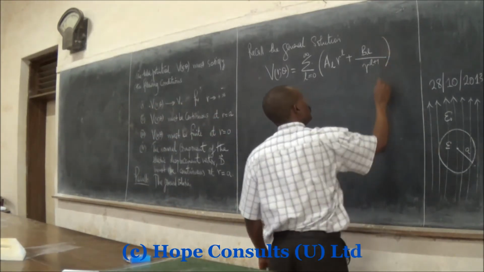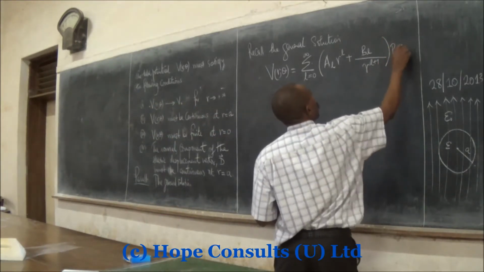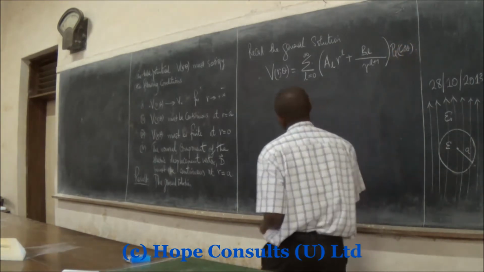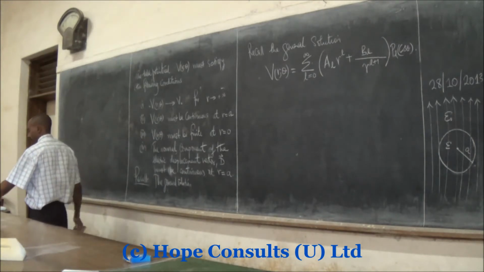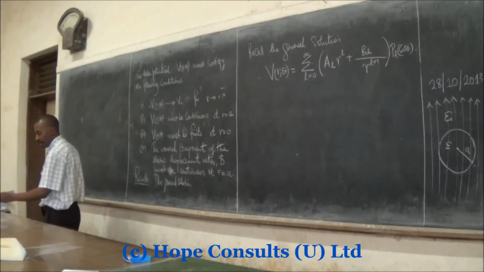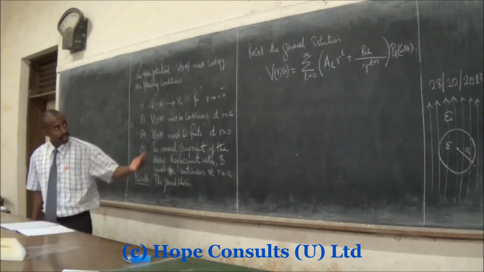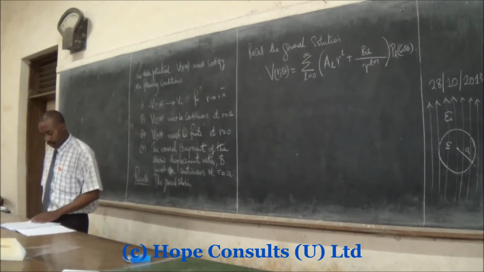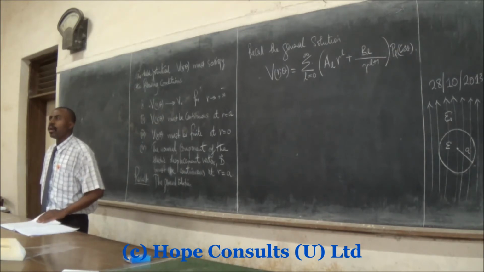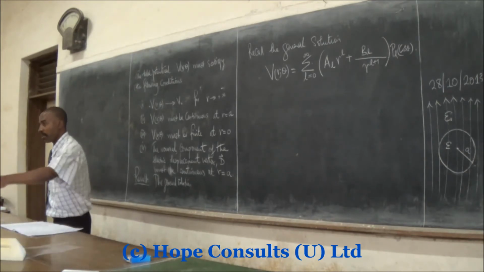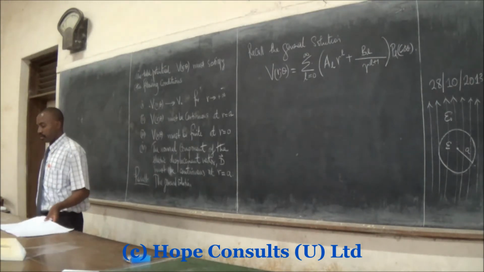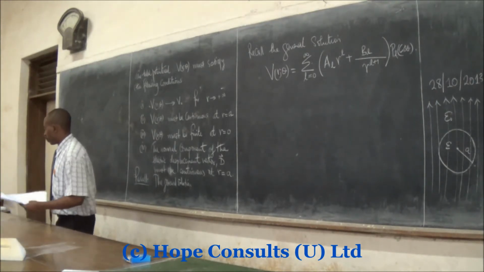I always give this out if I have to ask such a question: the general solution for the potential in such kind of problems will be that. I'm just trying to make sure that he understands what is going on with his efforts.